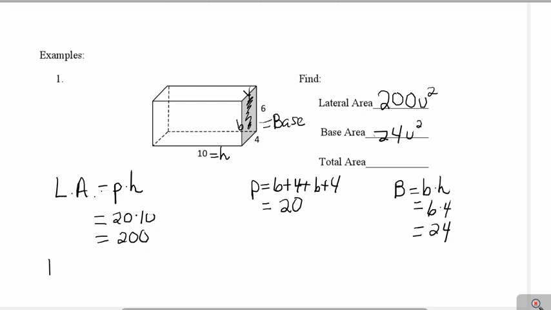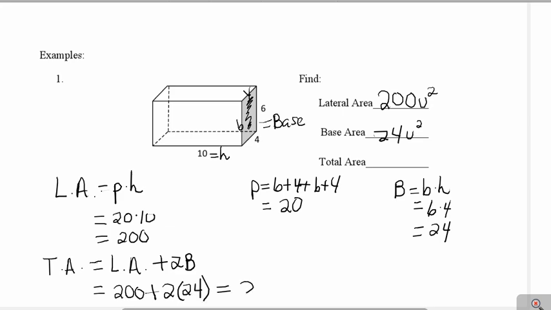Finally, to calculate out the total surface area, I'm going to take my lateral area and then I'm going to add 2 times the area of the base, since there are 2 bases in this prism. The lateral area I just calculated to be 200 plus 2 times the area of the base, which I just found to be 24.